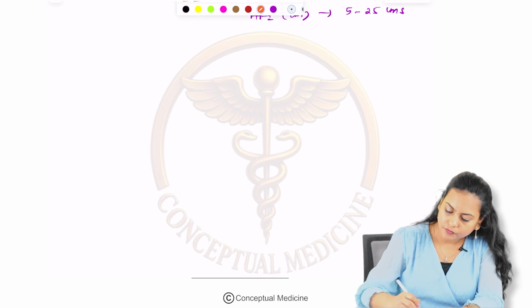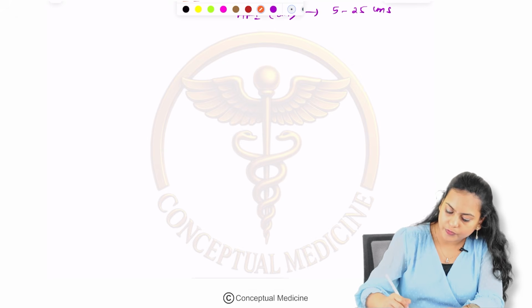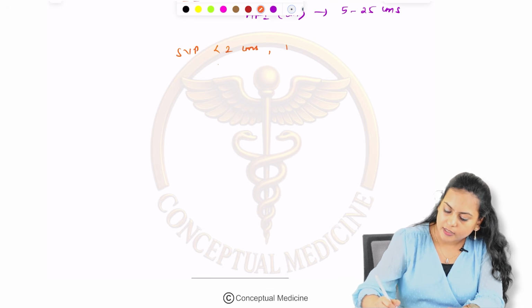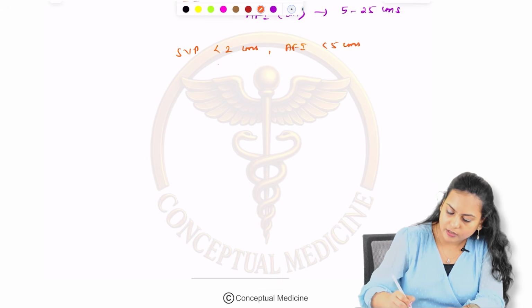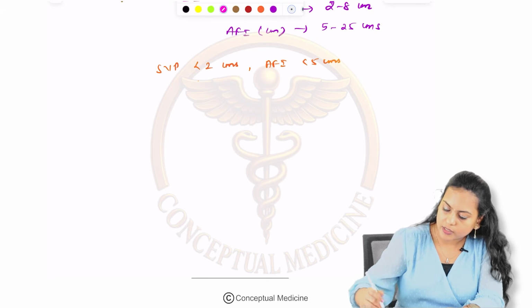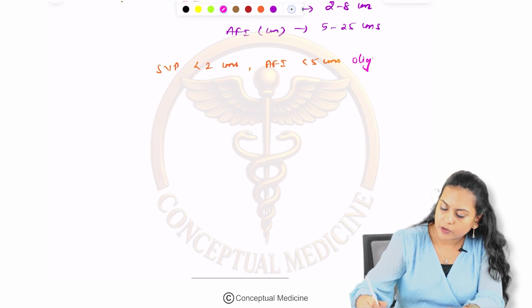So, based upon this volume, if there is less than 2 centimeters of single vertical pocket, and if the AFI is less than 5 centimeters, this condition is known as oligohydramnios.